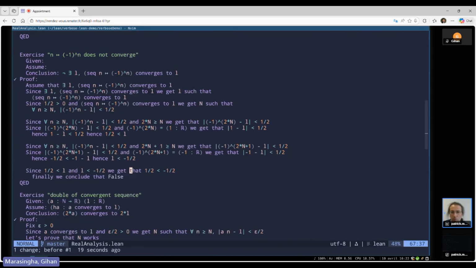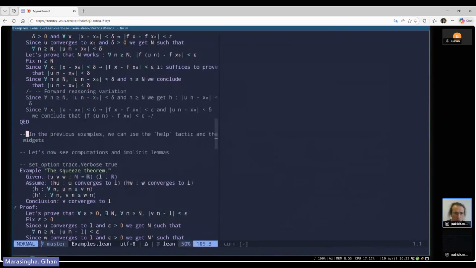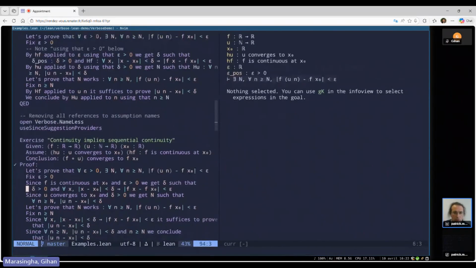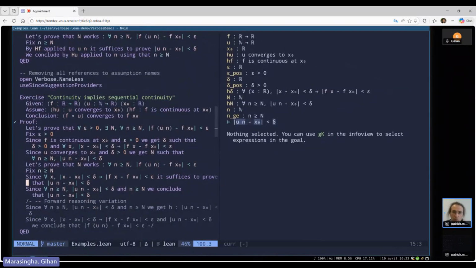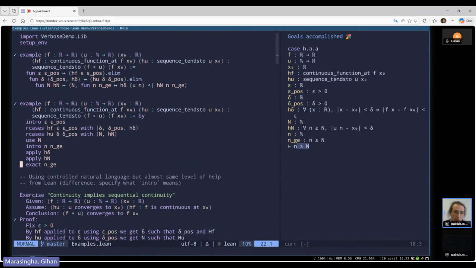Let's see maybe more interesting examples where we can see automation working a bit more. So there are different styles. Maybe I can show very quickly this aspect of supporting different proof styles.